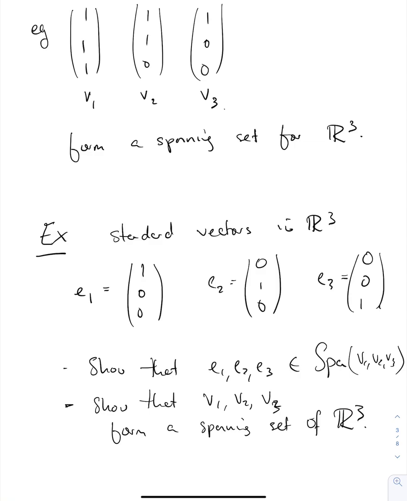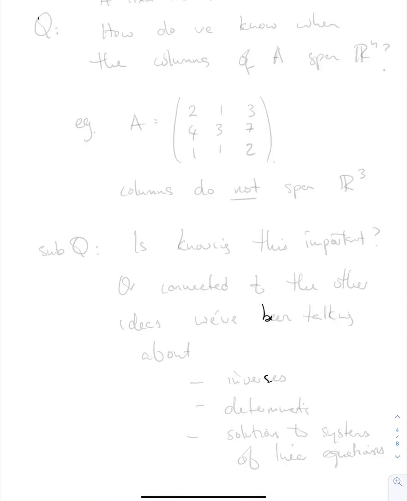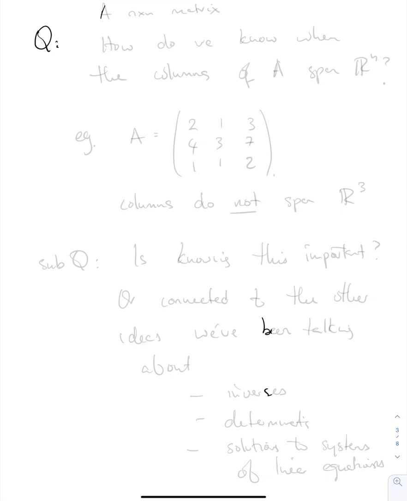Okay, here's a question. Say, as usual, A is an n by n matrix. How do we know when the columns of A span R^n?